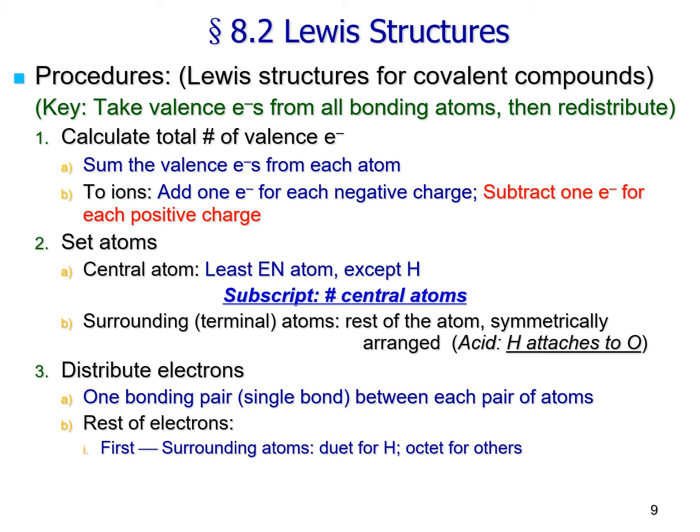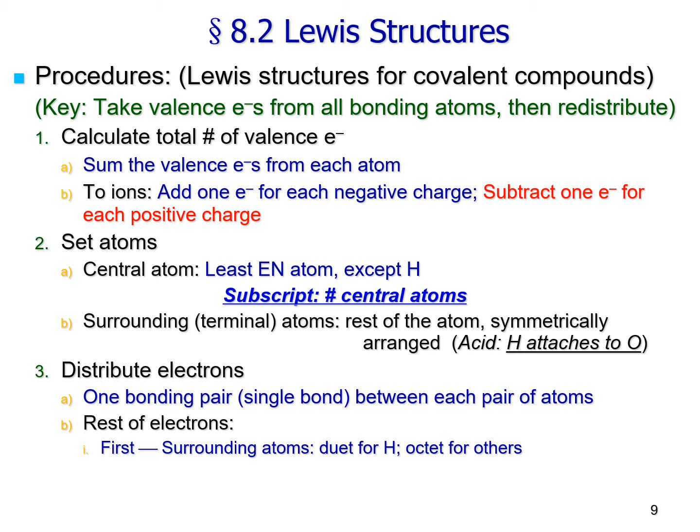Most of the time, we're going to have extra electrons. So once we have the extra electrons, we make an octet for the surrounding atoms first. Because I like to say 95 to 98% of the time, there will be a sufficient number of electrons to have an octet for the surrounding atoms.